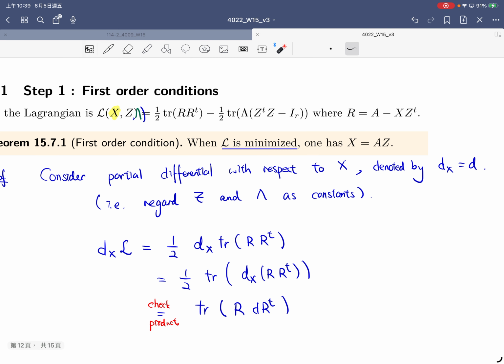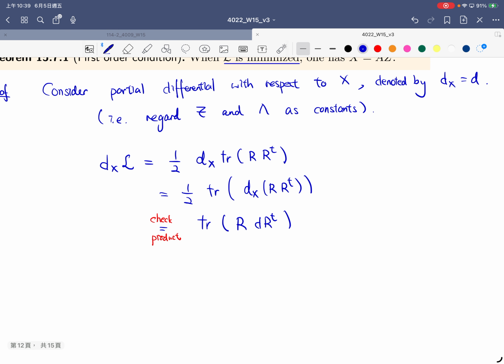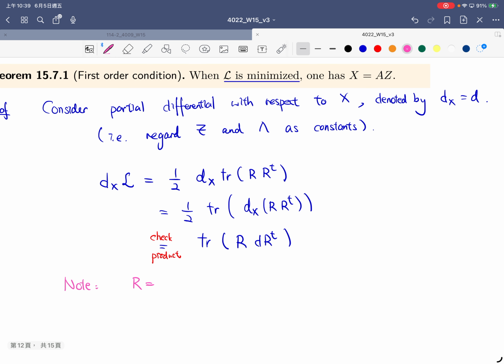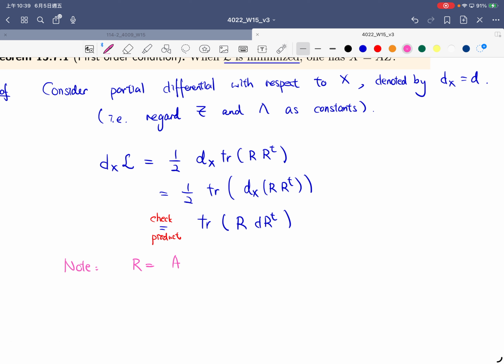Remember, R is A minus x z transpose. And now if you transpose everything, then you get A transpose minus z x transpose.